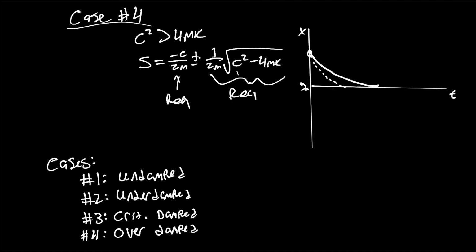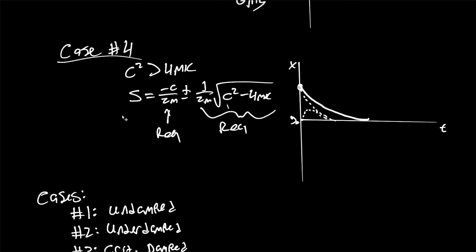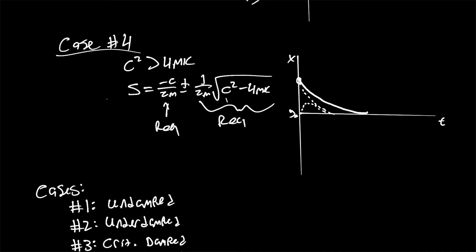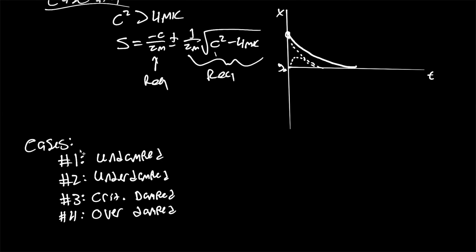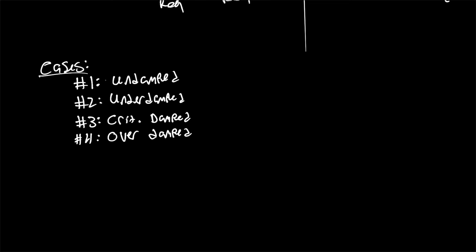Now the fast decay that you have here is most likely going to be a velocity as the initial disturbance. But again, if you were actually doing this problem, you would find the eigenvectors to determine which root corresponds to which decay. These are the 4 cases that we have to consider.